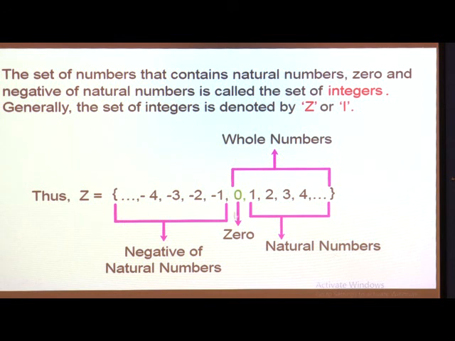So, let us have a review: the set of integers is denoted by Z or I, and the set of integers contains natural numbers, whole numbers and negative numbers.